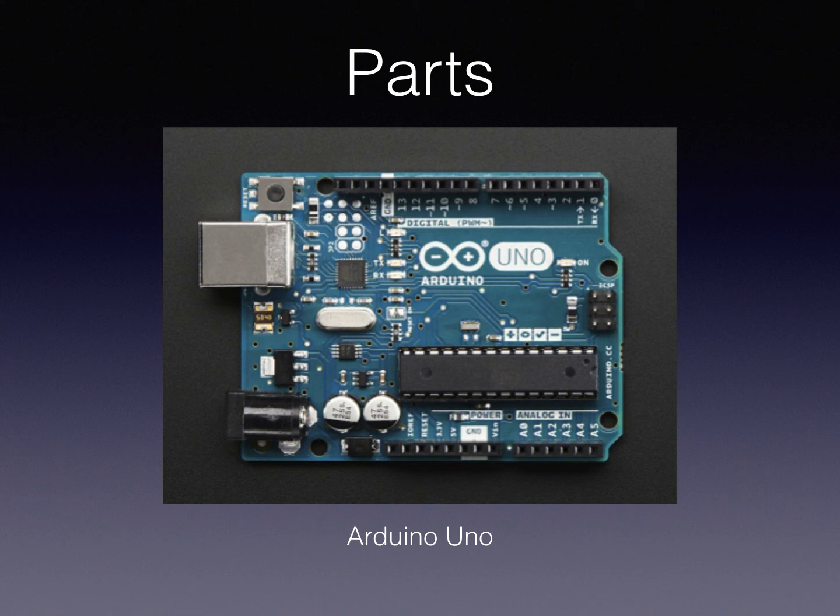The Arduino Uno has 6 analog ports as well as 14 digital ports, I believe 6 of which are PWM enabled. So I went ahead and used the Arduino Uno since it was a perfect fit for what I needed it to do.